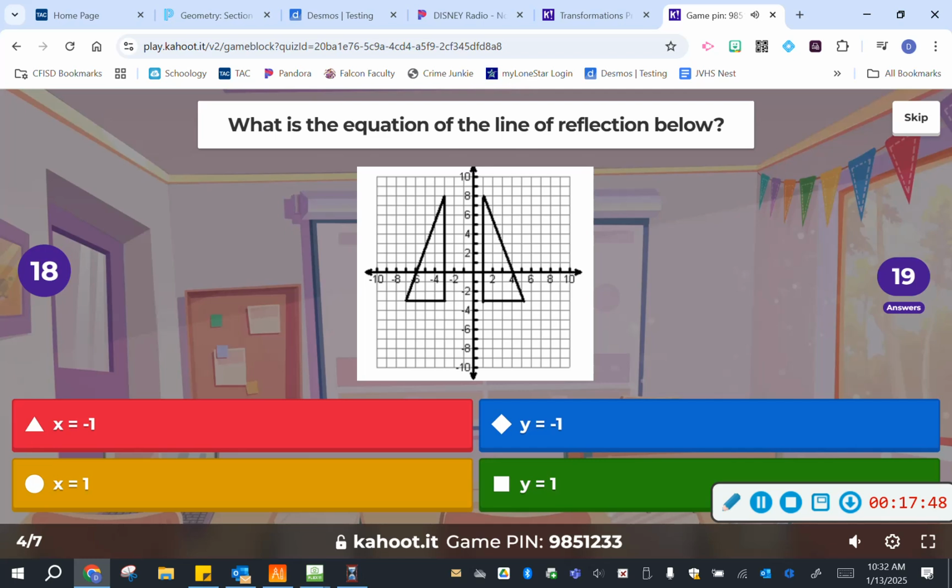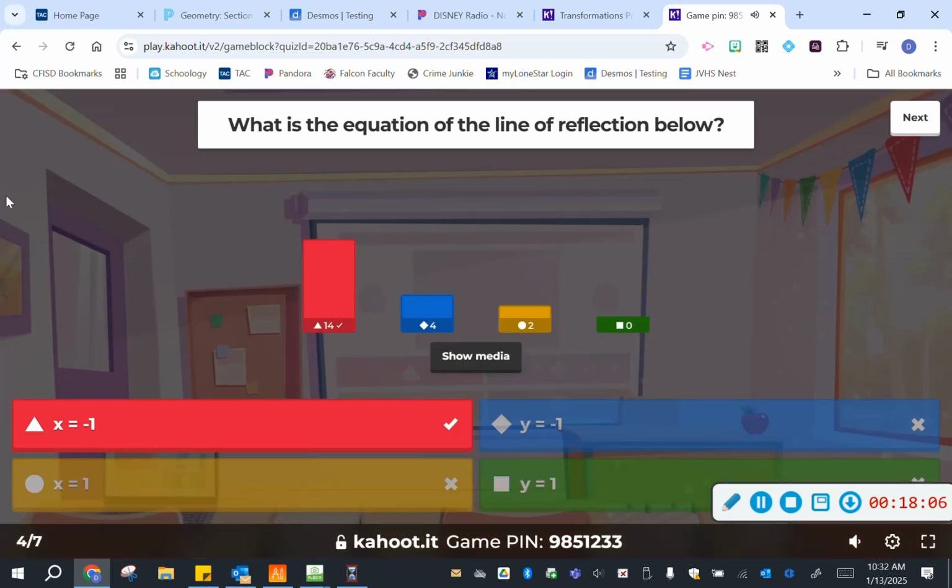Did we get that? 5, 3, 2, 1. All right. Most of us got it.